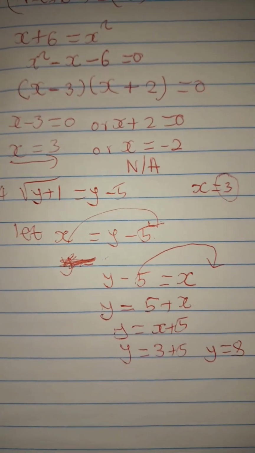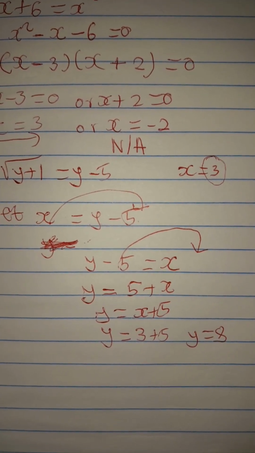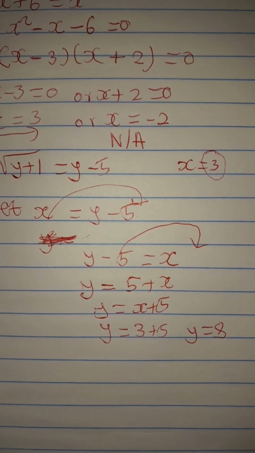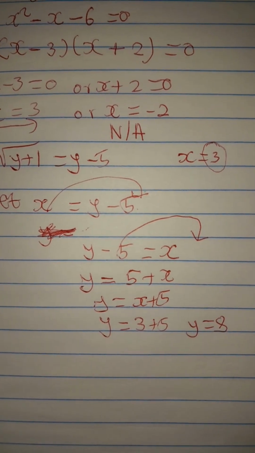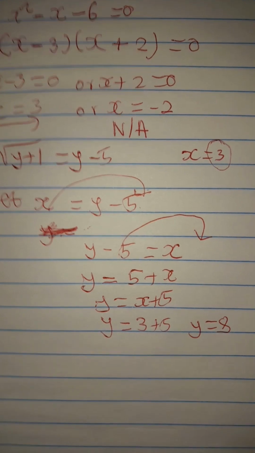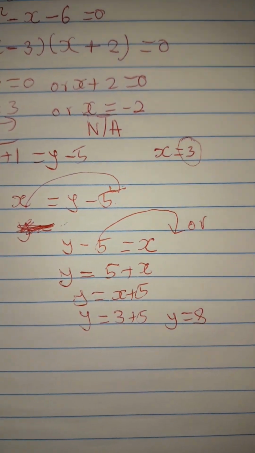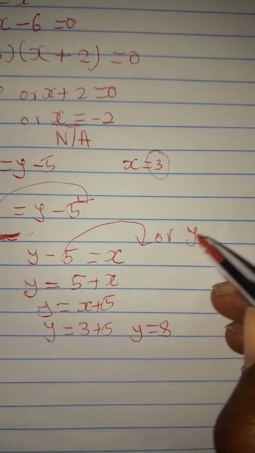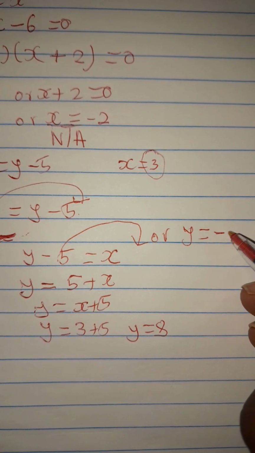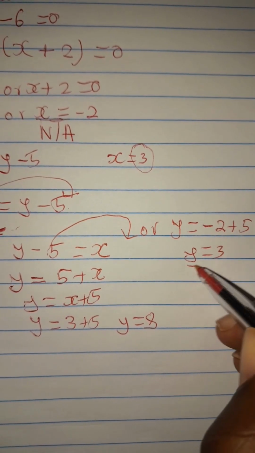Okay, you can also do the other part. Similarly, if you use negative 2, you are going to have y is equals to negative 2 plus 5, which will be 3 in this case.